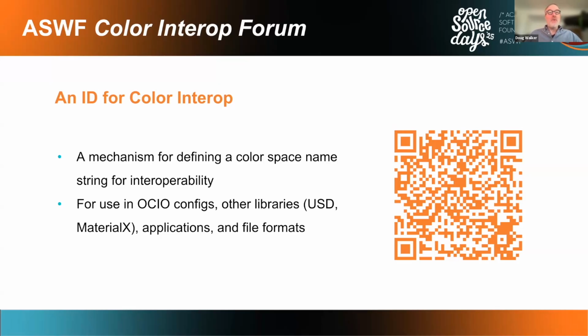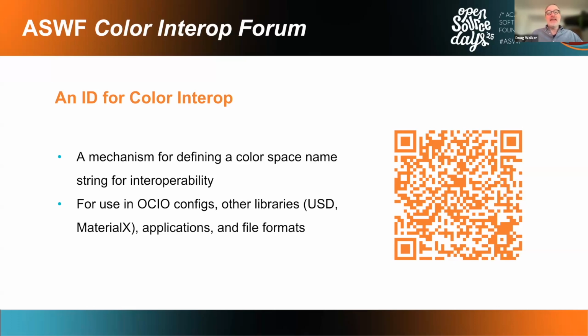So we wanted to come up with something similar to a color space name, but more robust. And so the idea, this is what we're calling the color interop ID. It's something that is a string that is hopefully human readable, but it will be a standard thing so that everyone uses the same string.